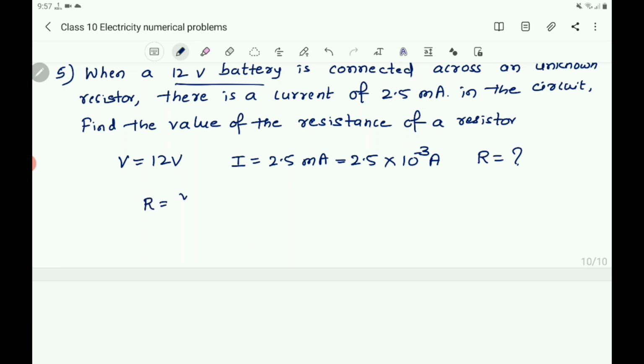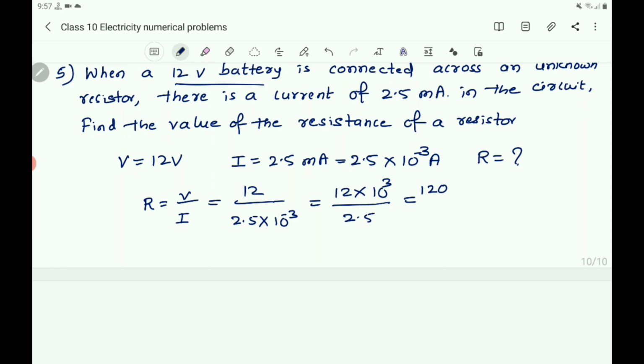R equals V by I, that equals 12 volts by 2.5 into 10 power minus 3, that becomes 12 into 10 power 3 by 2.5.